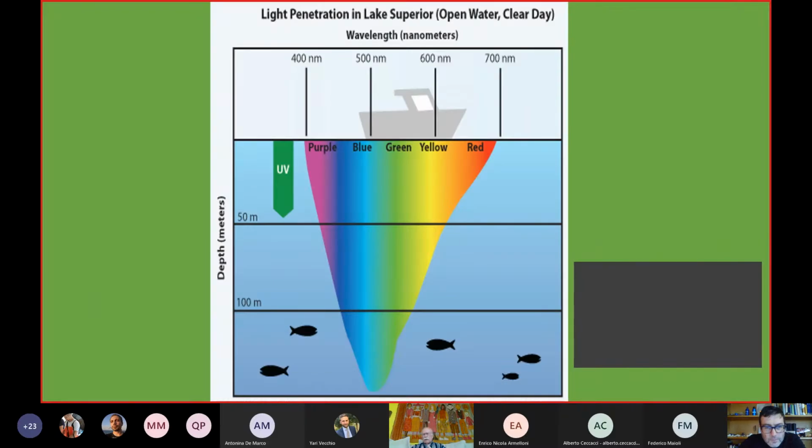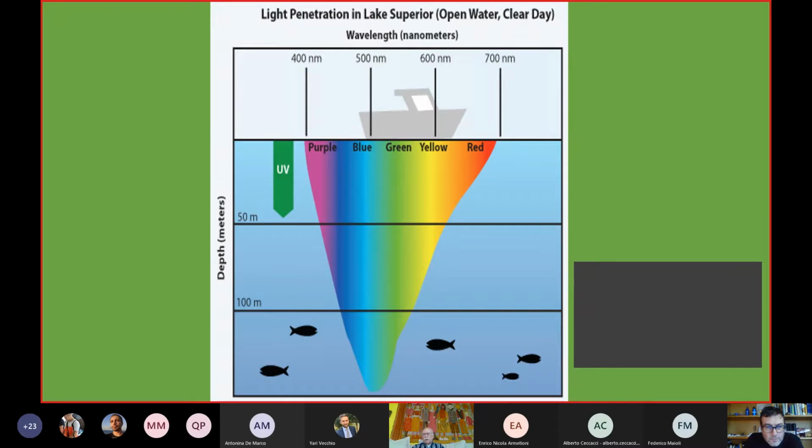Okay, so we got to the surface of the water, and you can see that the UVC doesn't reach there, but still some ultraviolet reaches and is absorbed in the upper surface of the water body, and this is in Lake Superior, that is very transparent.